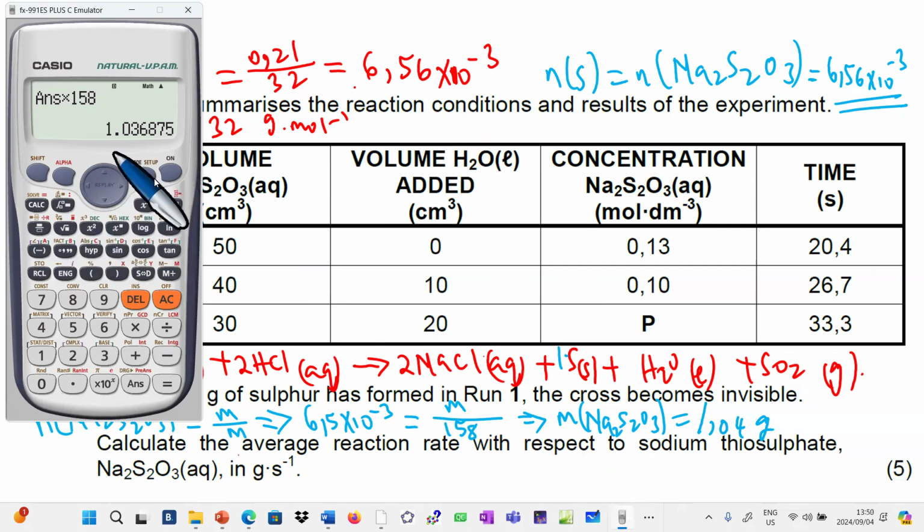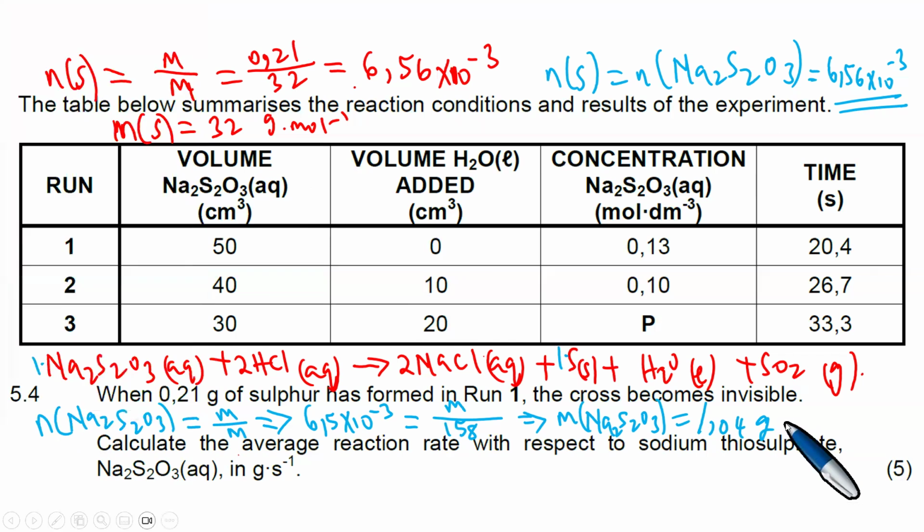If we use 0.21 divided by 32 times 158, we get 1.04. You can still get 1.03, which is acceptable, but 1.04 is the most accurate answer. So the mass of the sodium thiosulfate is 1.04.